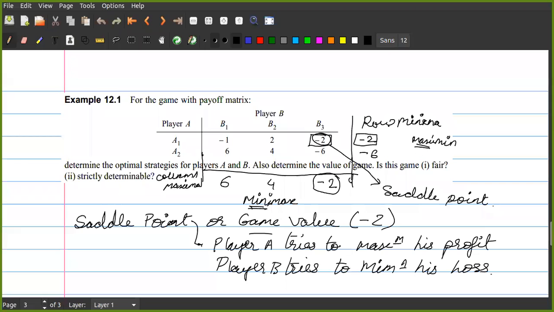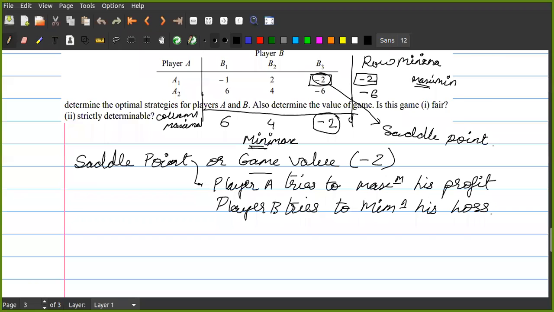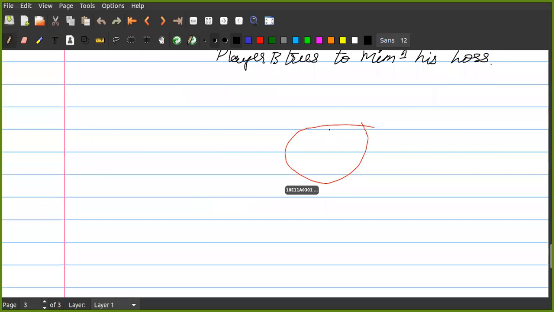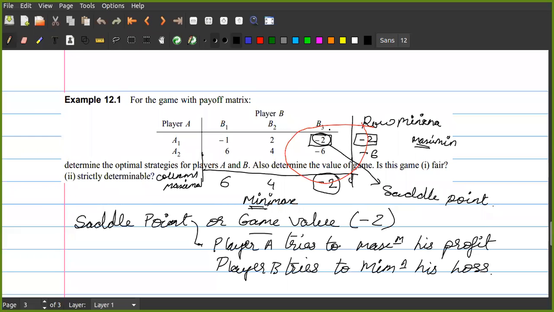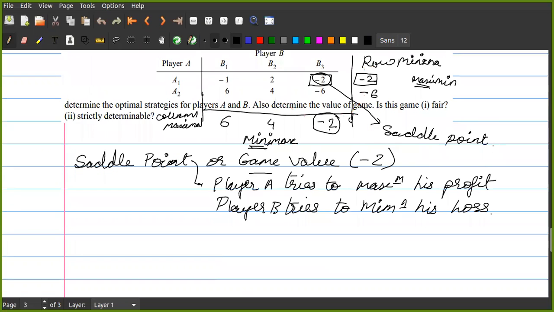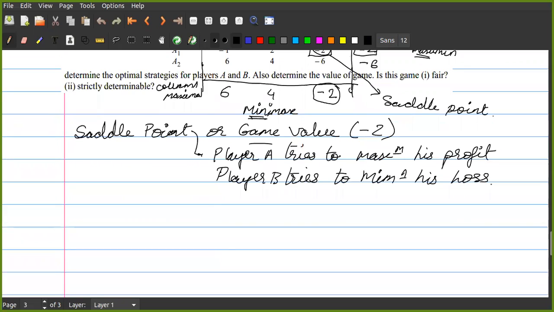The saddle point in the figure we have highlighted, sir, at -2. Okay, what I'll do is I'll again write the values and we'll take one more example. That way it will be much better.